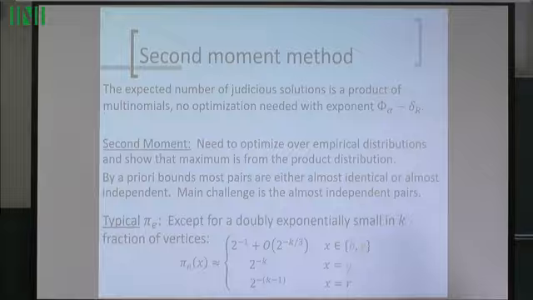But for most vertices, the number of neighbors they have is going to be very concentrated. I mean, the degrees that we're talking about are about 2 to the k. So the probability that the degree is far away from that will be doubly exponentially small in k.